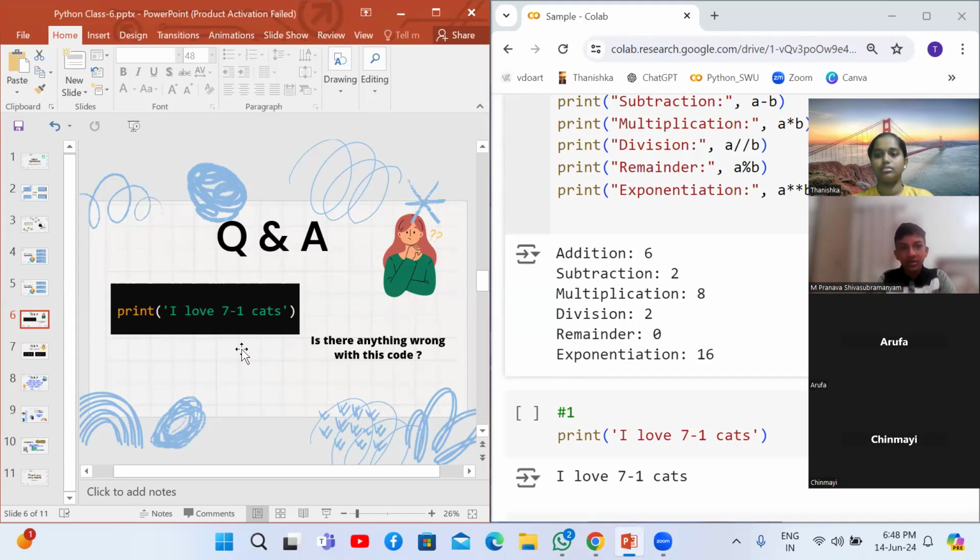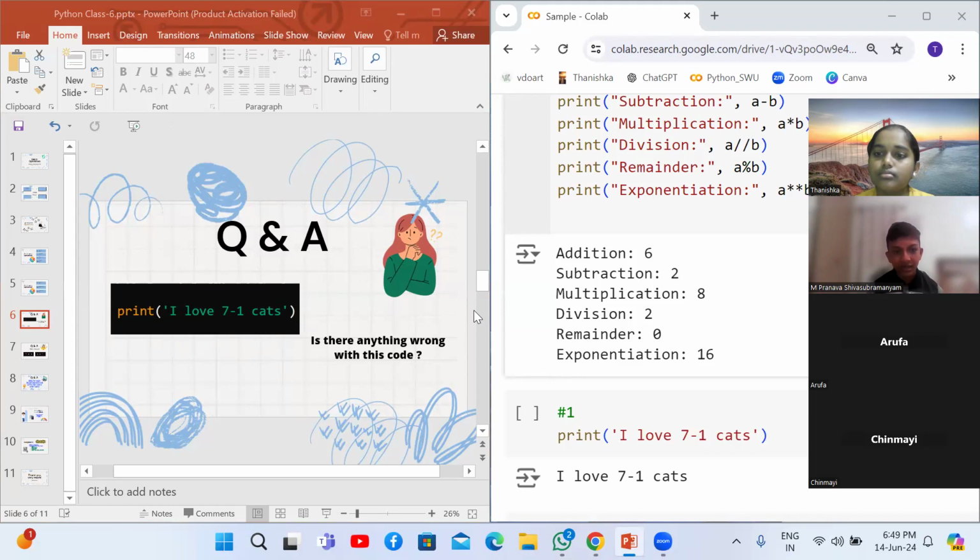Here, 7 minus 1 is text. Since it is considered a string, we can't alter it. We can't change the value because 7 minus 1 is just like a word. It's not a number there. So it will just print I love 7 minus 1 cats.